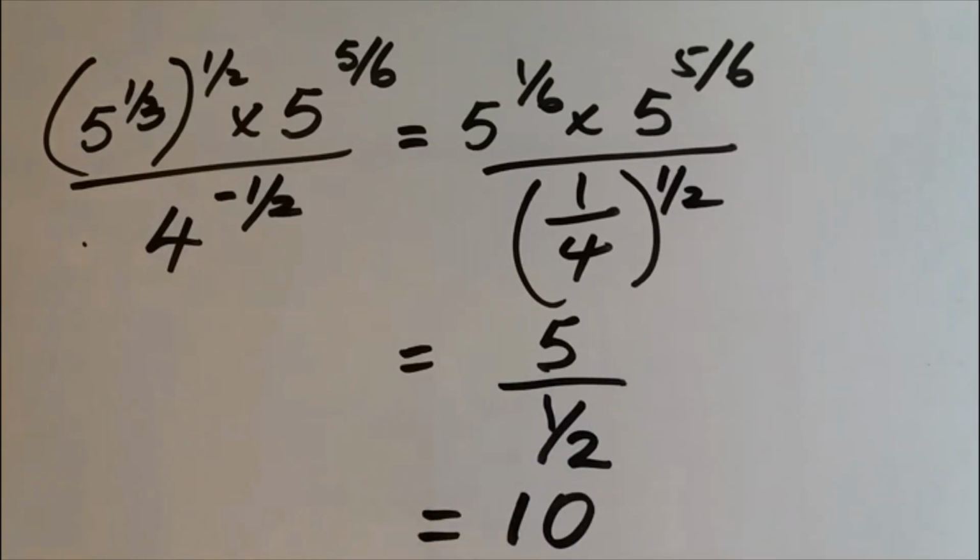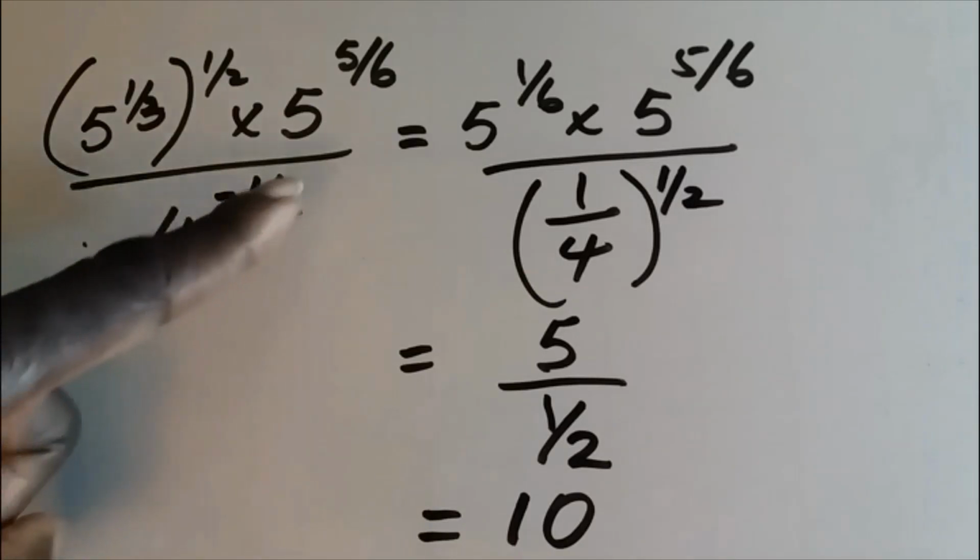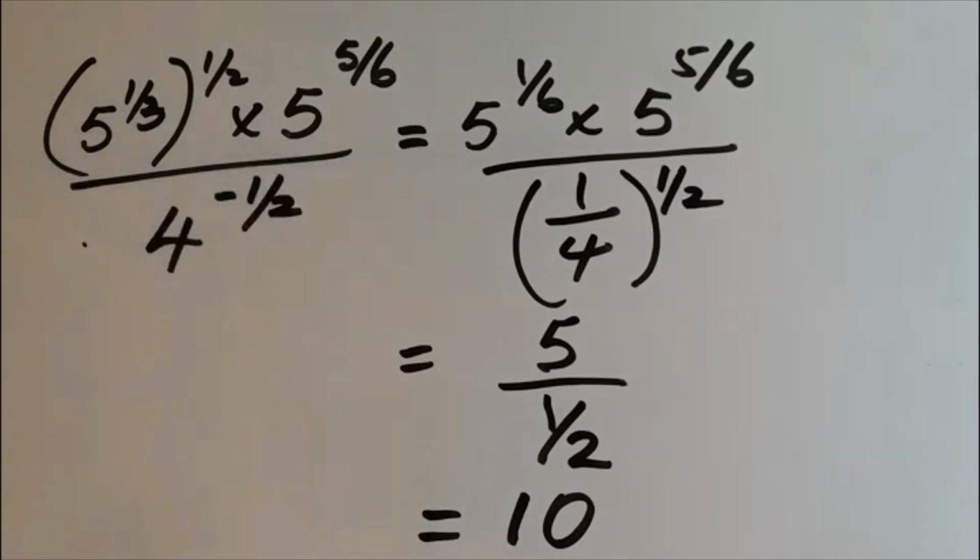So just to recap, we clear the brackets. Because we have the same base of 5, we can add the indices, and that gives us a whole number, 5. 5 raised to the 1, which is 5. In the denominator, we want to evaluate a positive index.